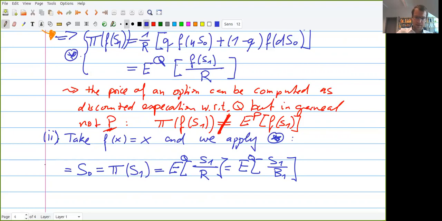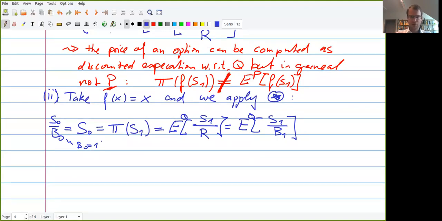And here we are lucky, this is nothing else than S0 divided by B1, because this here is just 1. Okay. And now you see, iterating the calculation we have done before for this special option here, so F being the identity function, you immediately get out the Q, which I just gave you in the proof of lemma 3.7.